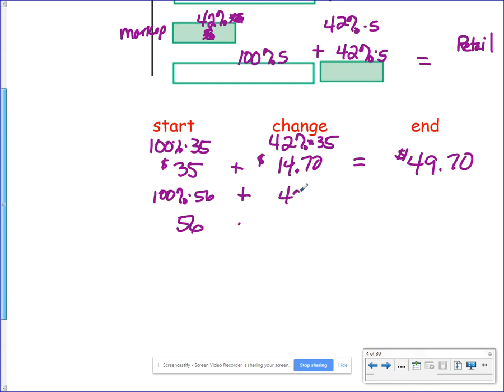We are going to mark up the price 42%. So take 42% times 56. Let's calculate that one. I'm not going to switch out my screen to go and grab that calculator. So I want you to go ahead and grab your calculator and figure that out.